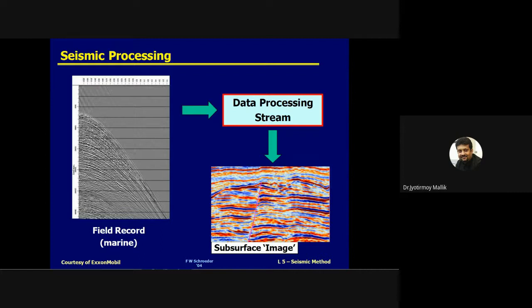Can you tell me what this could be? Anyone? You can see these layers are fairly horizontal, and all of a sudden there is a break. Something is changing along here. What could this be? Can someone tell me geologically?